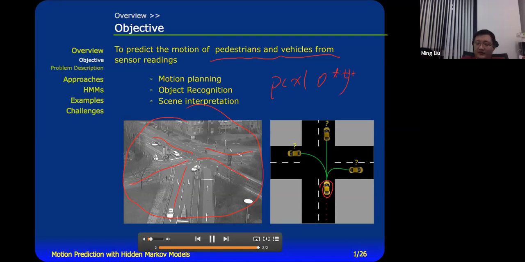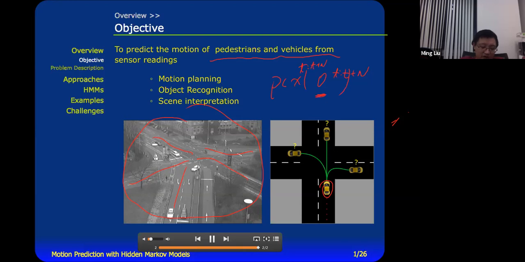We want to use a sequence of observations from T up to T plus something to predict what will happen to this X from T to T plus n. That's why it's a prediction problem. It's not only predicted by the current view, but also with a sequence.